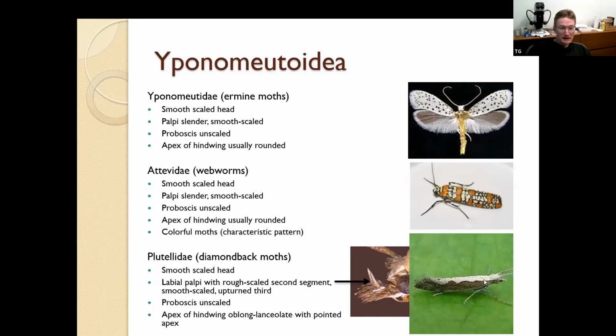Plutella xylostella has this really distinctive wing pattern with this white along the dorsal margin and then brown in the rest of the wing. If you look at the head of these things closely, you'll see that the labial palpi are kind of feathery here at the bottom, but then they have this segment that projects up here, up towards the rest of the head. And that's sort of distinctive for this group. And so Plutella xylostella is something you might encounter in any pest survey pretty much anywhere in the world.